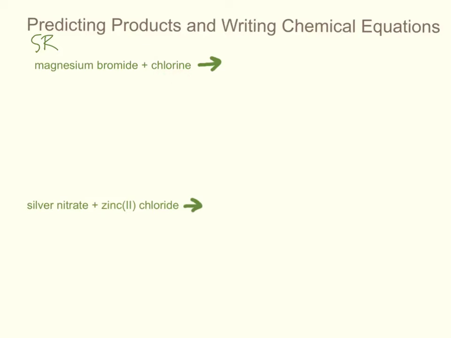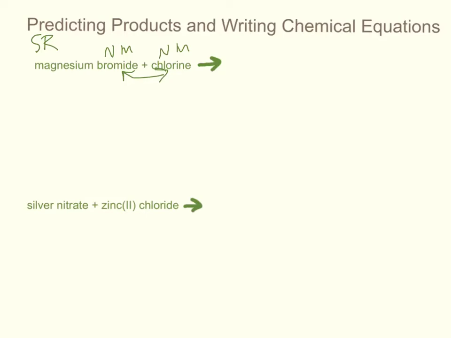What type of element is it? Is it a metal or is it a non-metal? Because depending on what it is will determine what's going to happen with the product. Here chlorine is a non-metal, so we know that it's going to replace the non-metal in the compound. So chlorine and bromine are going to switch places.